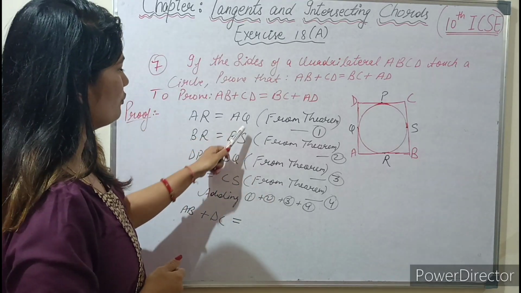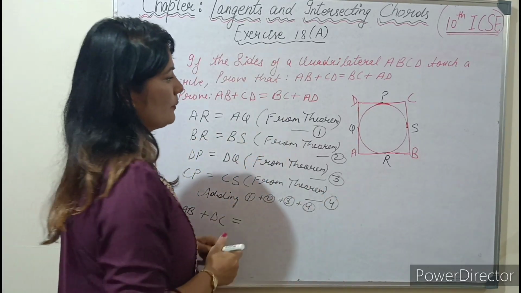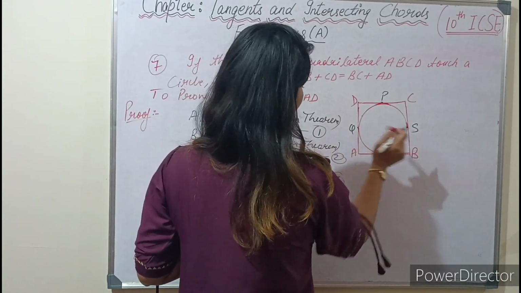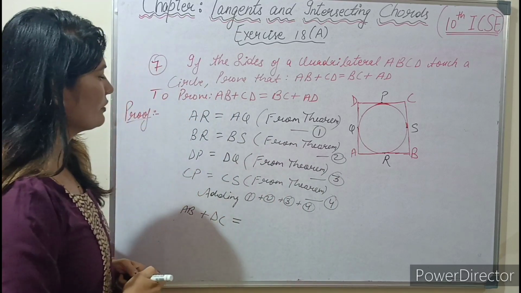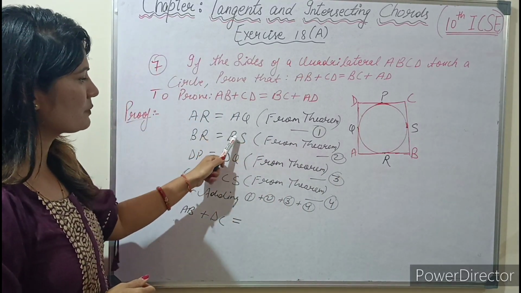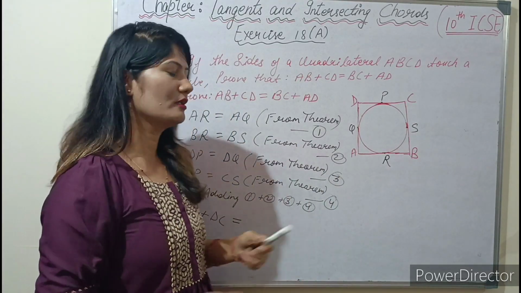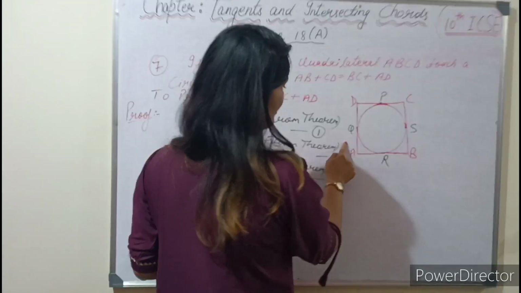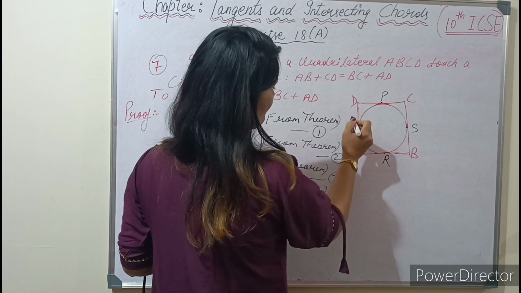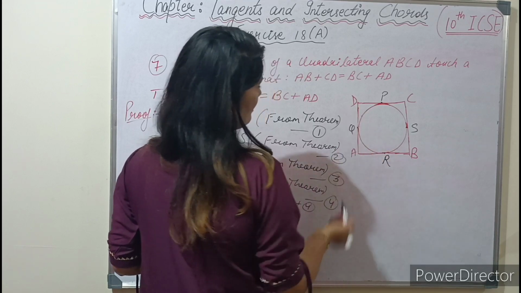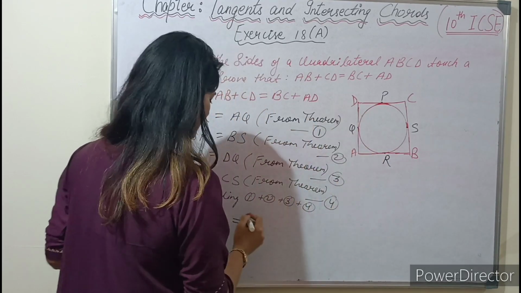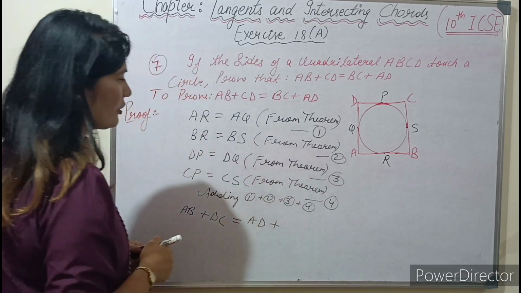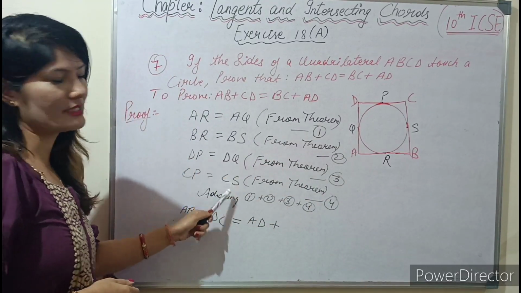Now equals to, again AQ plus BS from the given figure. This is AQ and this is BS. Now in this case, if you add AQ plus BS, you won't get any side. So if you add AQ plus DQ, this is AQ and this is DQ, AQ plus DQ will give you the side AD. So I can write here AD plus. In a similar way, BS plus CS.